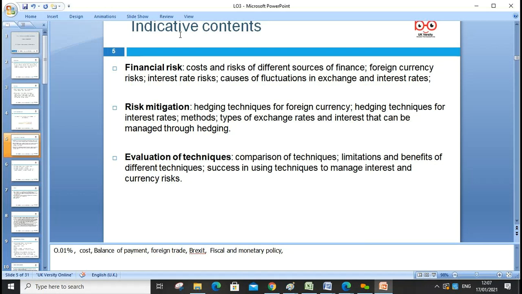Okay, next we have risk mitigation. Think about traveling by road, by air, or by train. We can look around at what will be the cost and which way to go.